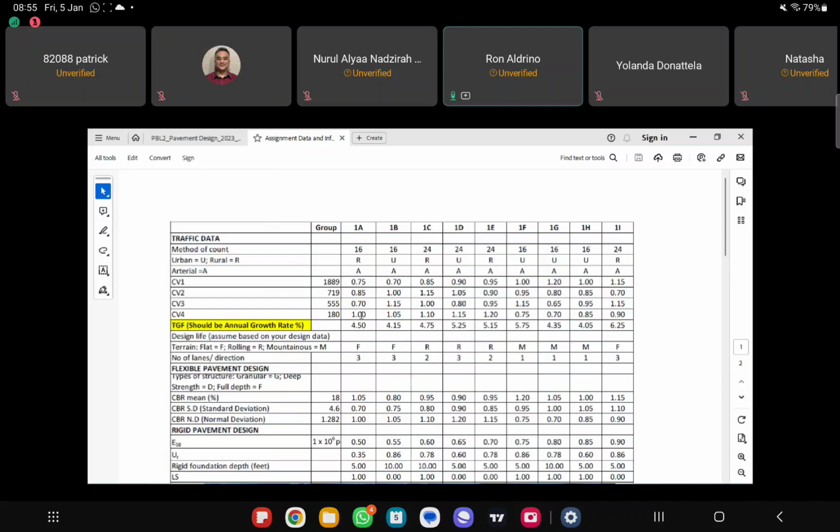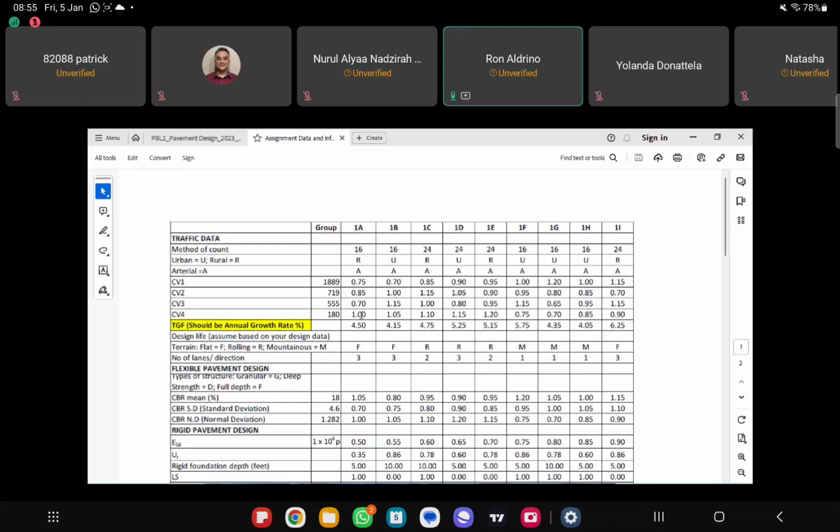If you assign another group member to do the reduction of 25%, it means that your 180 for group 1A, 1 times the factor 1, so you get 180 actual traffic in that category. If you have a reduction of 25%, you are minusing 45.